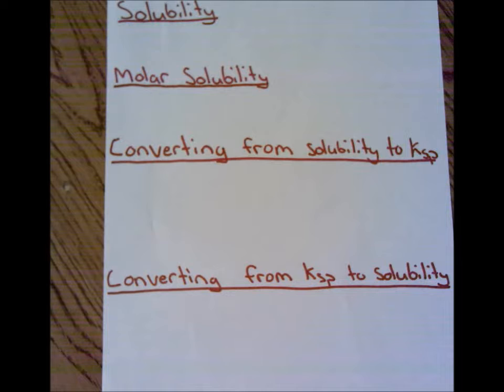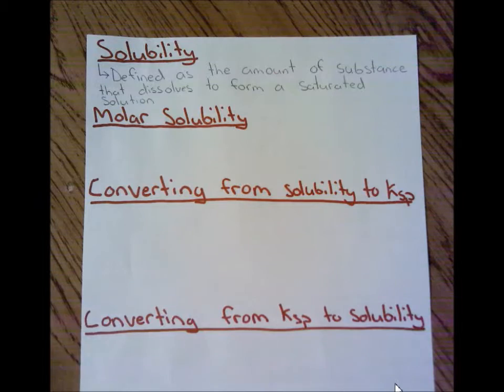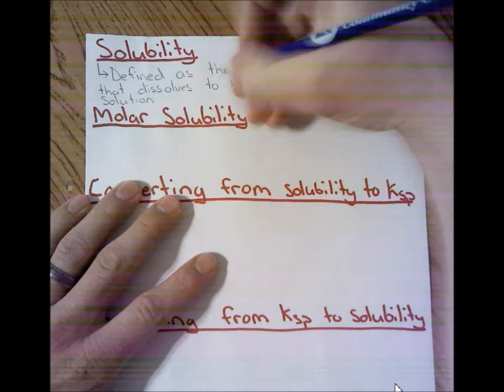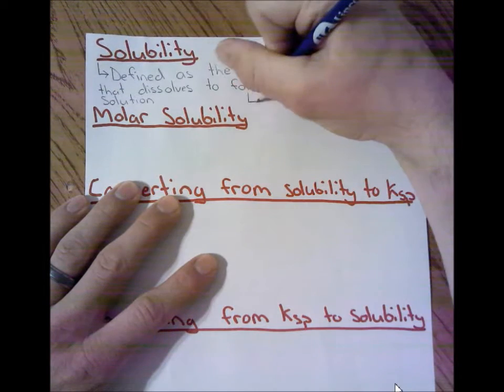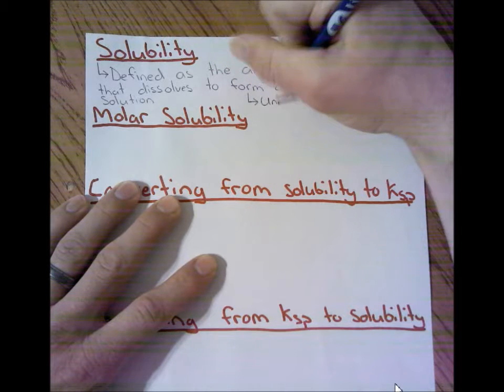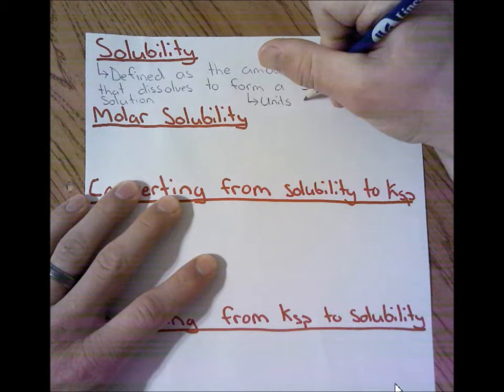Solubility is defined as the amount of substance that dissolves to form a saturated solution. So there's that definition of solubility. Now, this is most of the time in units of grams per liter.